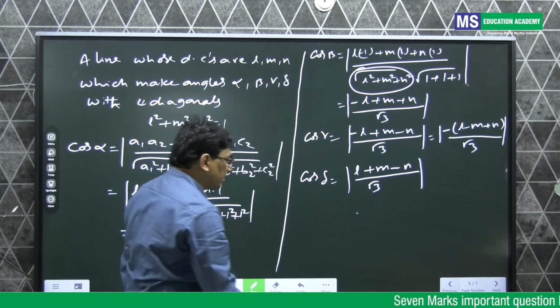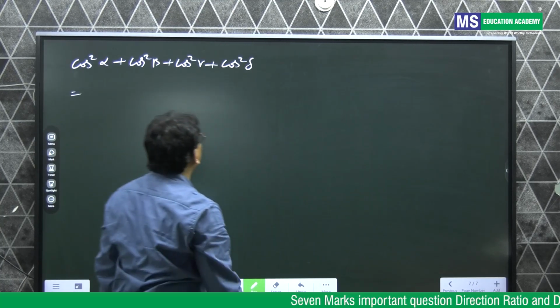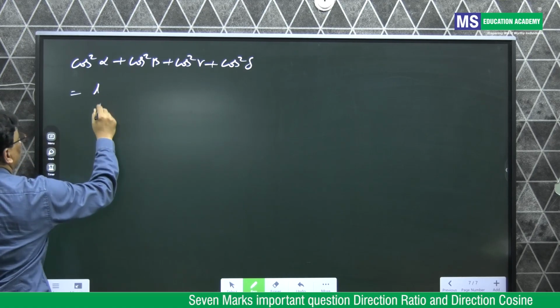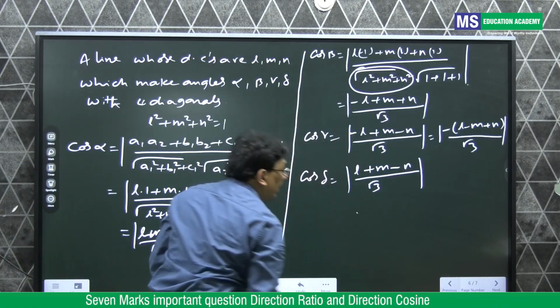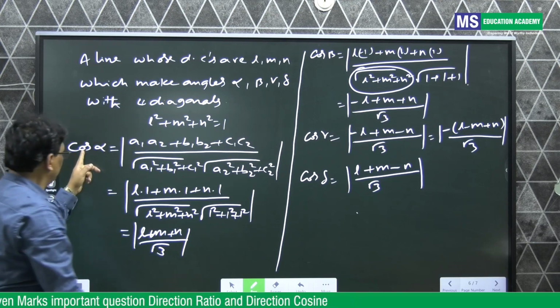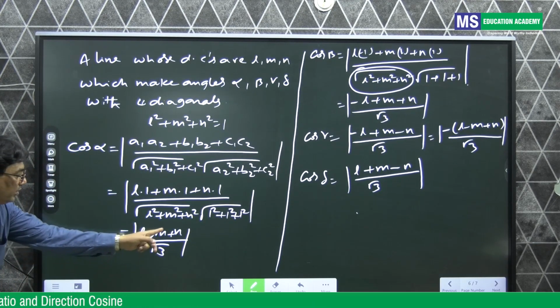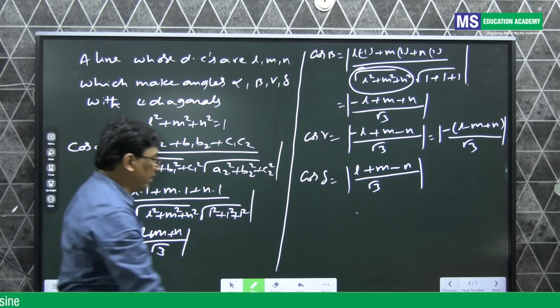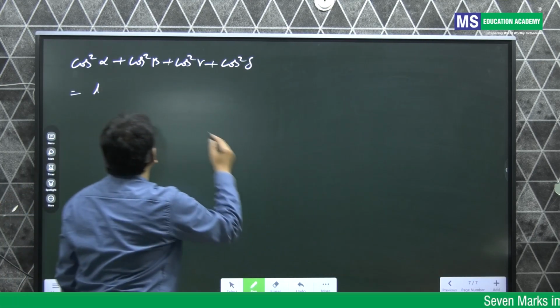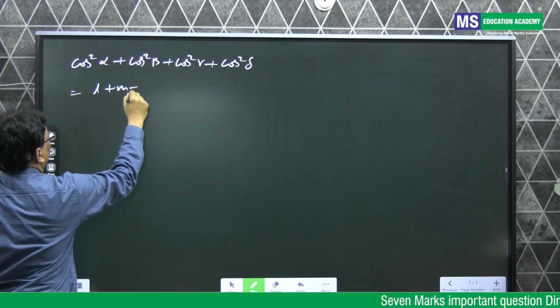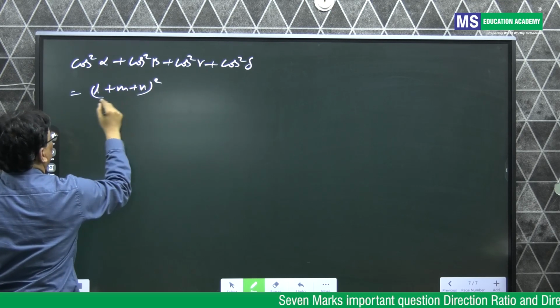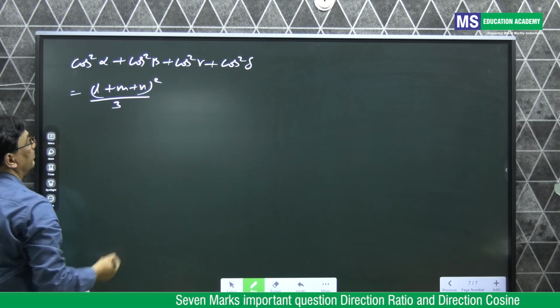If you substitute it there, cos square alpha means numerator whole square and denominator whole square, squaring on both sides. That value, if you write, is L plus M plus N whole square by root 3 whole square, which means 3.